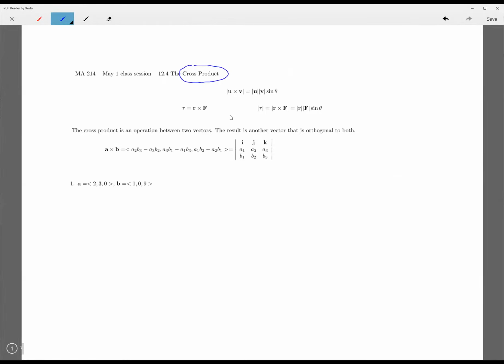Here are a few formulas that will come in later, but essentially the cross product is an operation between two vectors, and the result is another vector that is orthogonal to both. We'll talk a little bit more about that. Essentially, this is the formula right here for the cross product.